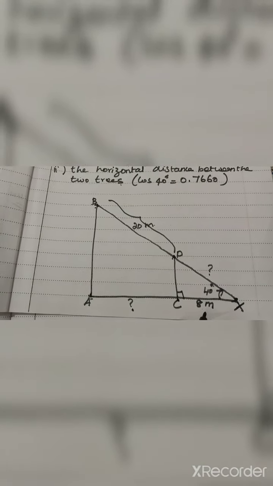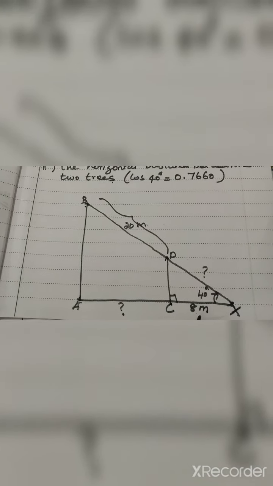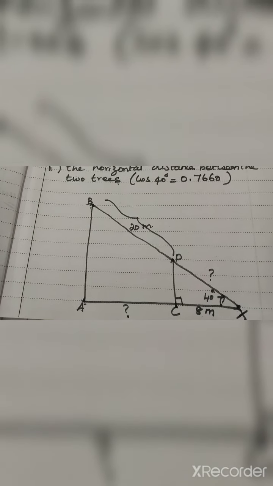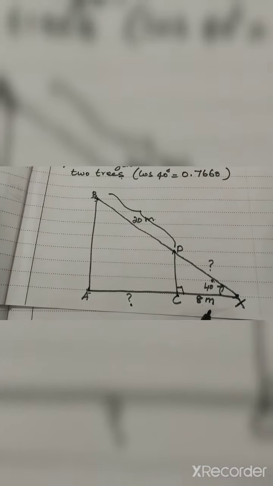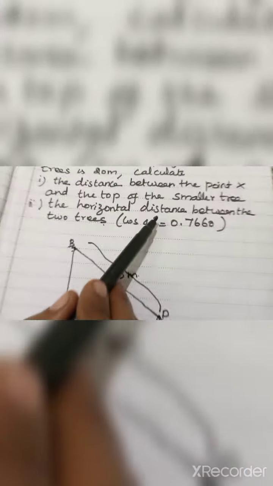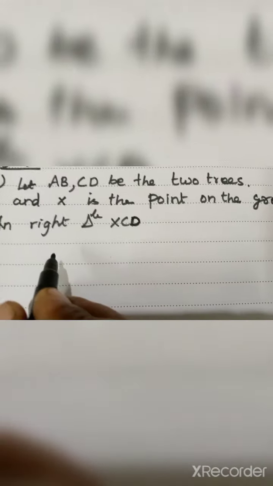Hypotenuse and adjacent means the cos ratio we have to use. The hypotenuse needs to be found, and the adjacent value is there, so the cos ratio can be used. Cos 40 value is given. Remember the cos theta formula: adjacent by hypotenuse.